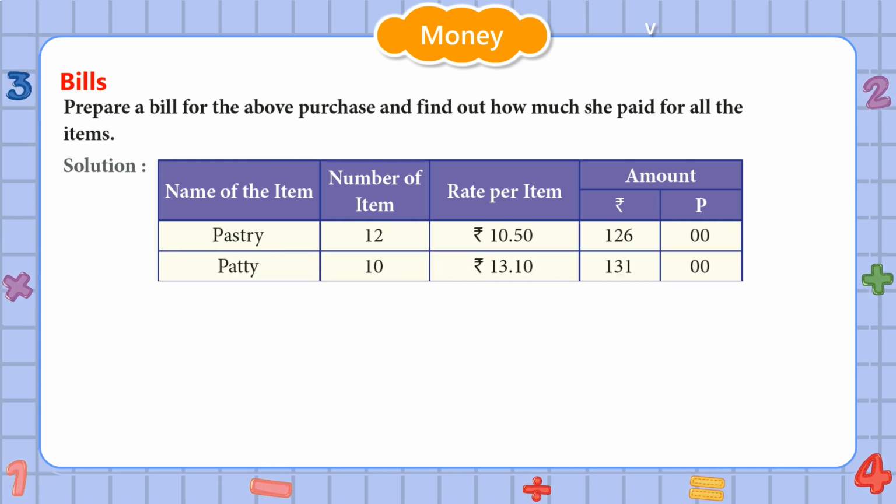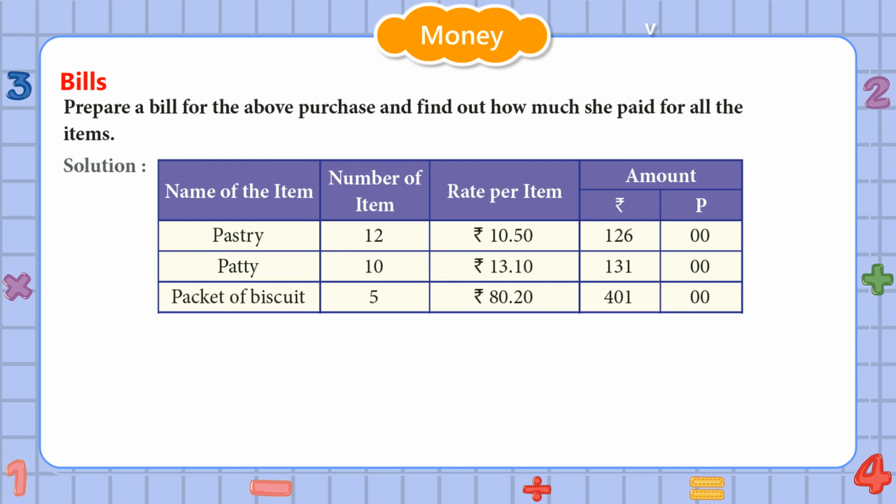Patty. 10. Rupees 13 and 10 paise each. Amount is rupees 131 and 0 paise. Packet of biscuit. 5. Rupees 80 and 20 paise each. Amount is rupees 401 and 0 paise.